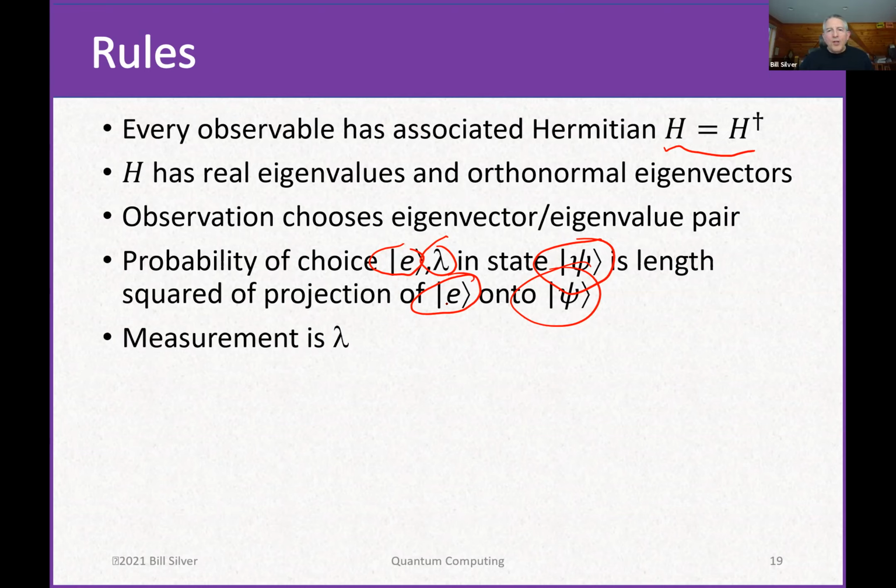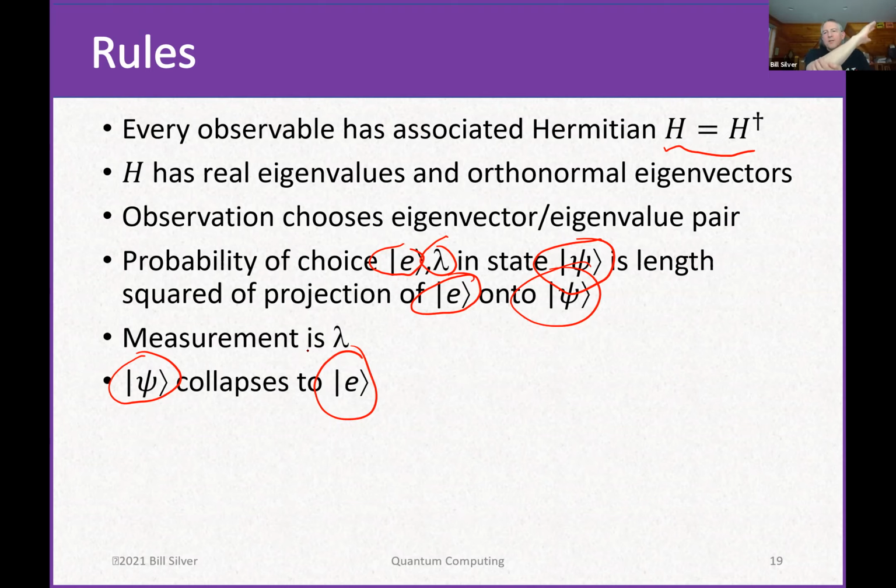The actual thing that you're going to measure is the eigenvalue. After that observation, the quantum state becomes, or collapses, in some of the terminology that people use, into the eigenvector. So you've got this complex quantum state, and you observe it with something that has this associated matrix with all these eigenvectors.